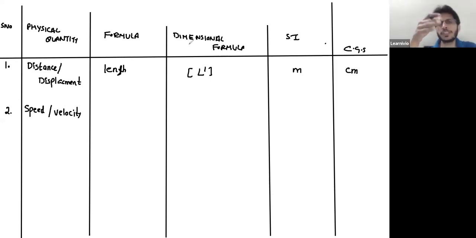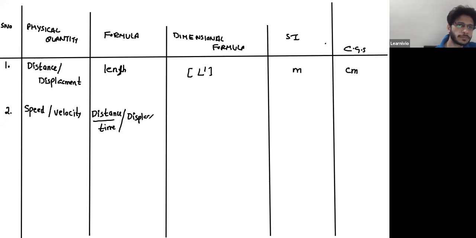Dimensions do not depend upon direction. The formula of speed is distance over time, and velocity is displacement over time.